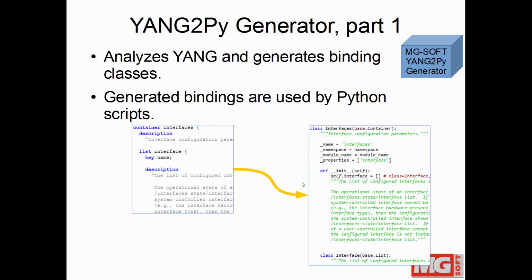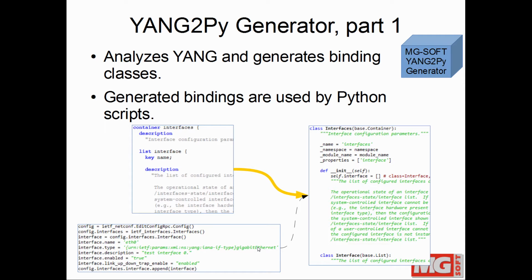Python modules import each other as Yang modules do, augmentation is realized in the same way, and definitions are used in the same way as in Yang, for example type usage. All the documentation found in Yang modules is also retained in the generated Python modules to make their usage easier. The generated code is then used in Python scripts by the end user. I will show you the tool and the generated output before we go on with the examples.